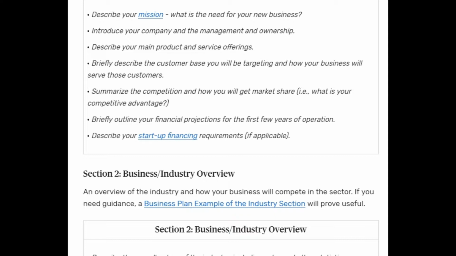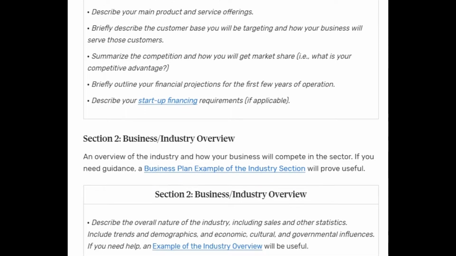Then describe your startup financing requirements, if applicable. If you have a set target in terms of revenue, you can mention the startup financing requirements and also tell them how you are going to pursue it.